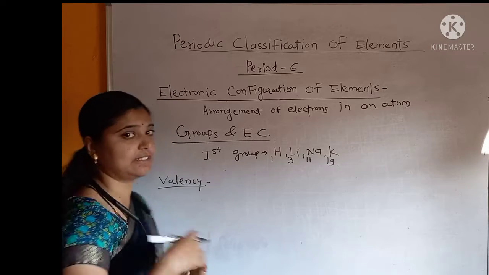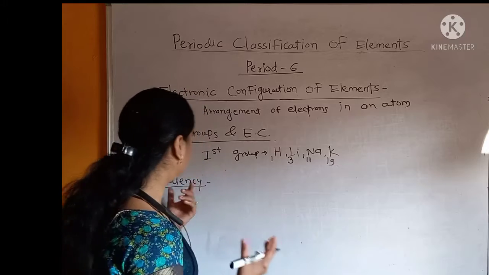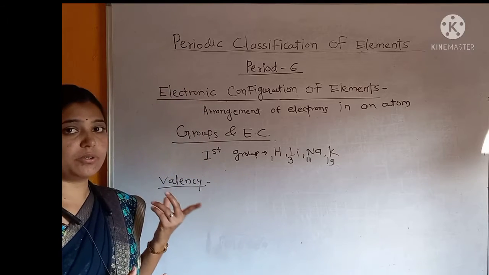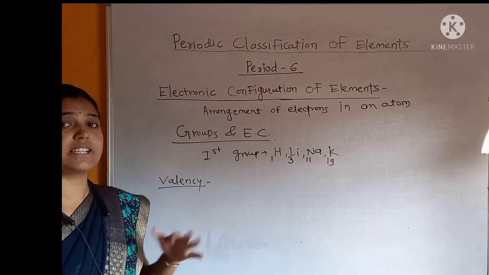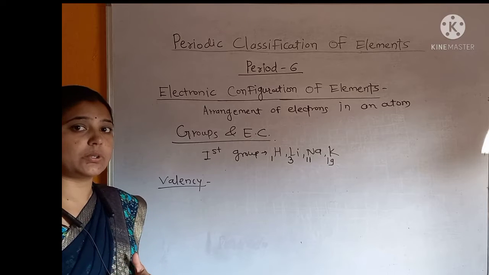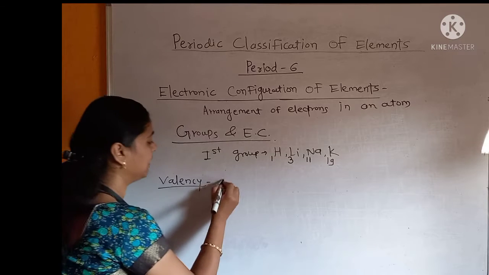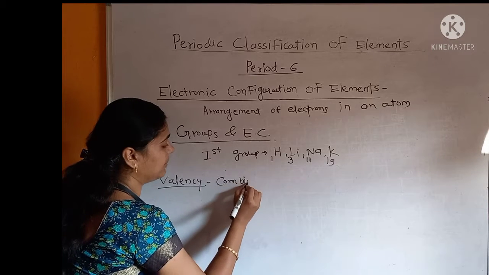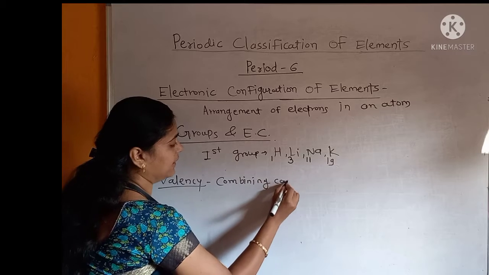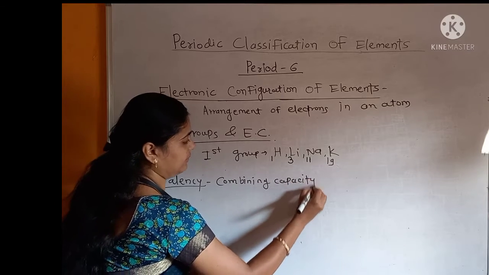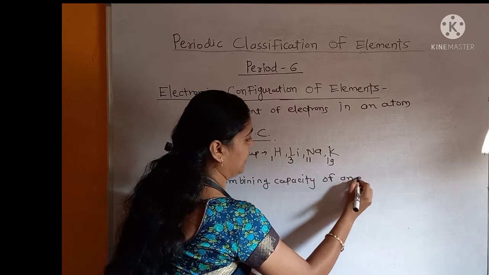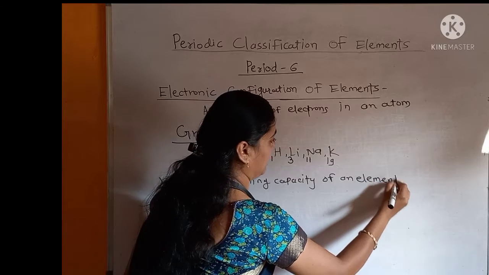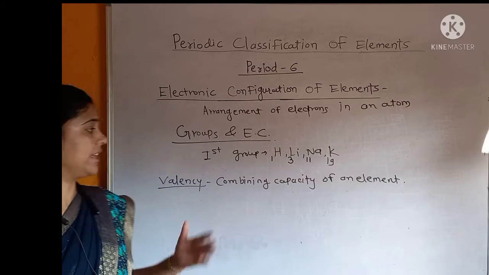We already saw valency in our previous lecture, but I will recall the definition once more: valency means the combining capacity of an element with another element.